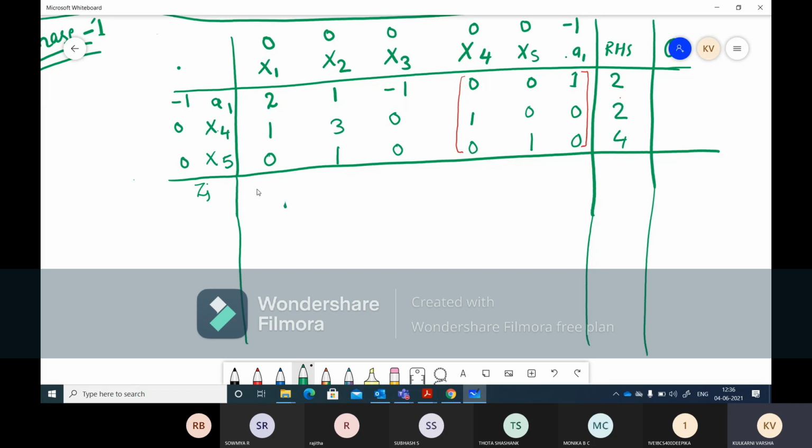Minus 1 into 2, minus 2, minus 1, 1, 0, 0, minus 1. And here it will be minus 2, right? Then calculate Cj minus Zj. So 0 minus minus 2, it will be plus 2. Then 0 minus minus 1, it will be plus 1. Then 0 minus 1, minus 1. 0 minus 0, 0 minus 0. Minus 1 minus minus 1, it will be 0.